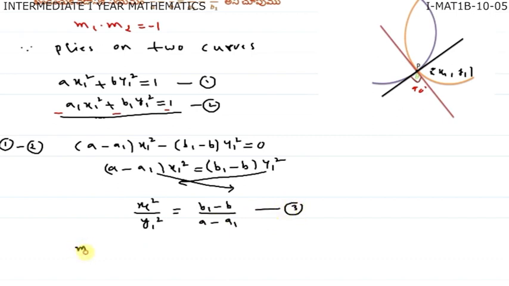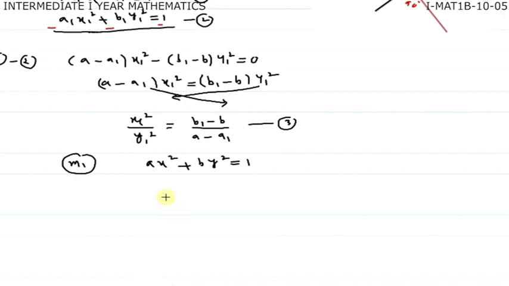Now to get m1, differentiate with respect to x both sides of curve 1. Curve 1 is given here, a x square plus b y square is equal to 1. On differentiation, I will get a is constant, x square derivative is 2x, b constant, this is 2y dy by dx is equal to, derivative of 1 is 0. Here again I can cancel 2.